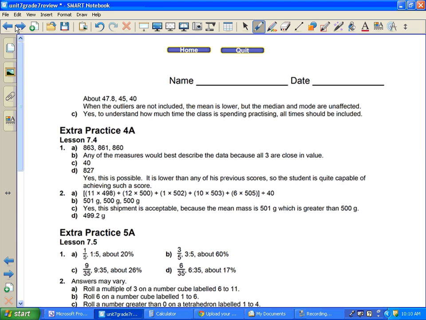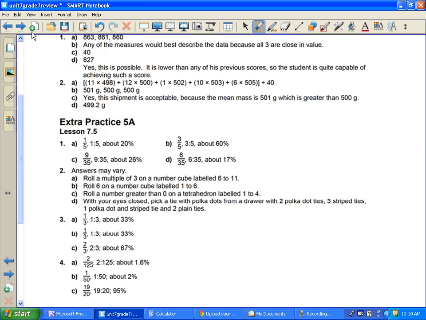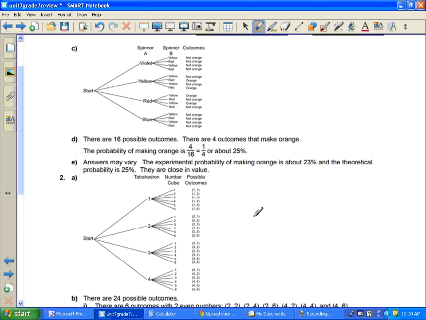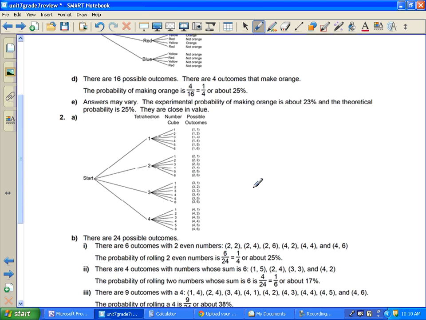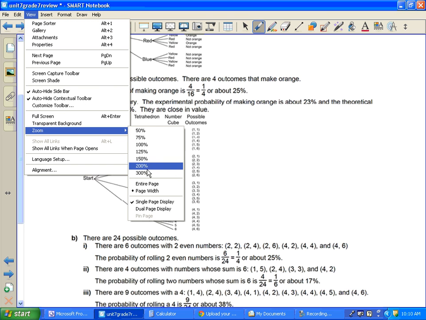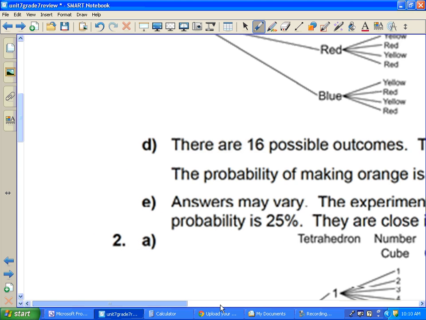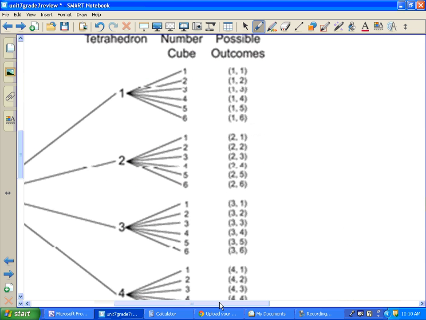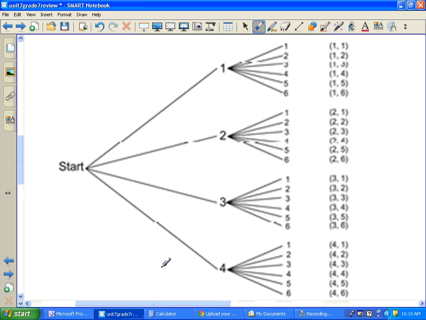And just to see the answers, what it should have looked like in the very end here. So I'll zoom in a little bit. Looking at these ones here, this is what it would have looked like.